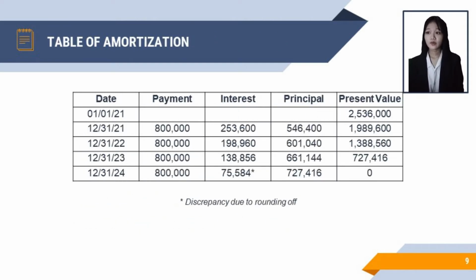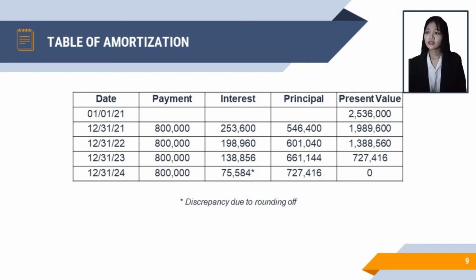In this table, we can see the date, payment, interest expense, principal amount, and present value. Now, I will explain how these were obtained. First, in the first row is our computed present value a while ago, which is 2,536,000. Then the second column is the payment of 800,000. This is our annual rental, which is fixed for 4 years.